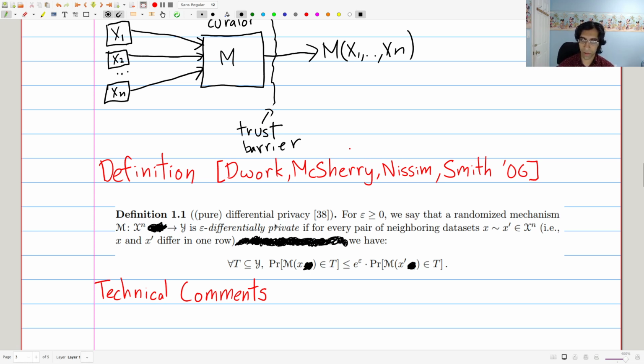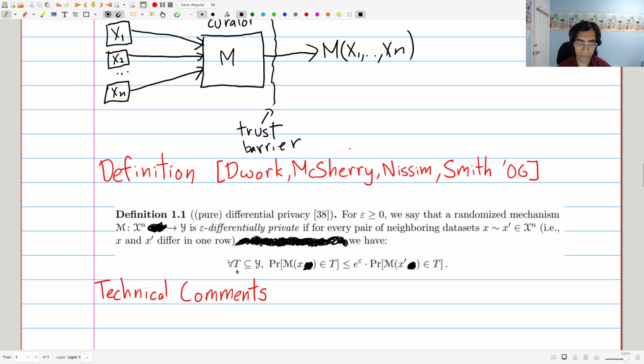We say an algorithm is differentially private if for every pair of neighboring data sets, we have the following kind of unusual guarantee. Let's take a more careful look at this. It says for all T which are subsets of the range of the algorithm. Remember, Y is the range of the mechanism, and T being a subset of this range means that it's some sort of event.